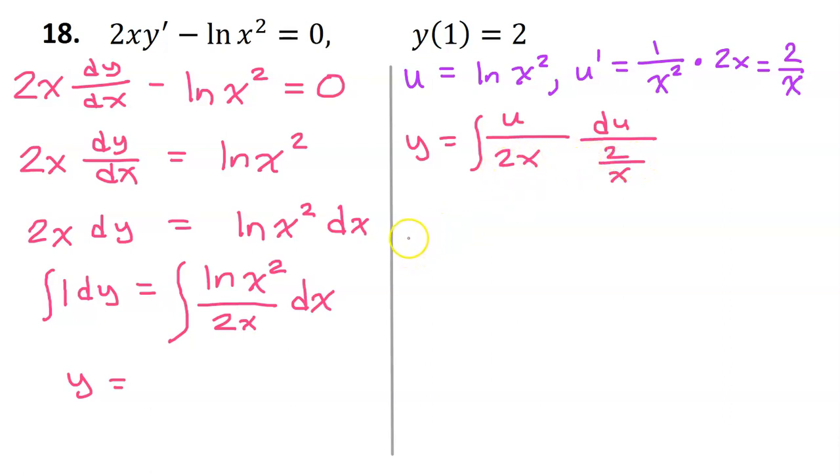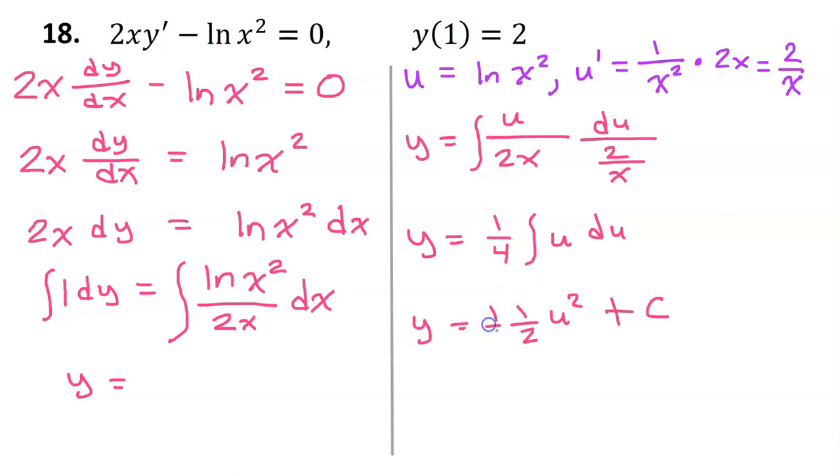This 4 in the denominator can be brought out as a 1/4 in the front of the integral. So we now have 1/4 of u du. The antiderivative of u is 1/2 u squared. We still have the 1/4 here in the front, so this is really going to be 1/8. Substituting natural log of x squared back in for u, and we have this.